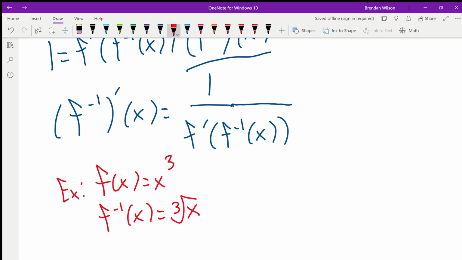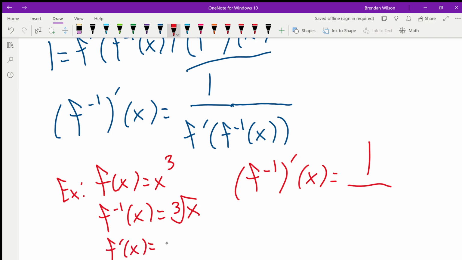Okay, so now we would see that f inverse prime of x, trying to be very careful about writing it properly. Again, we also need f prime of x, so this is going to be 3x squared. So this is going to be equal to 3x squared with the cube root of x put into it, right?